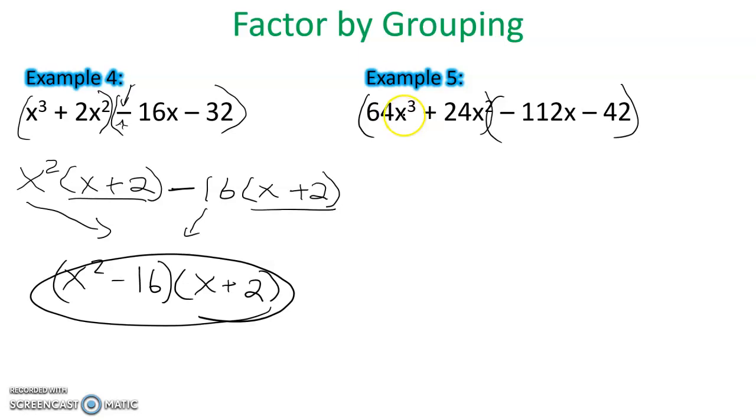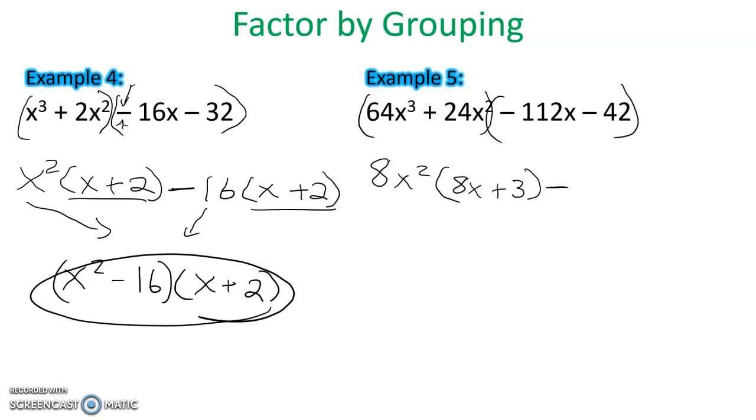I think out of this first one here, I can divide out 8x squared. 64 divided by 8 is going to be 8. Take 2 x's away from 3 x's, I'm left with x. 24 divided by 8 is going to be 3, so it's going to be plus 3. 2 x's away from 2 x's is 0, so I don't have to write any more x's out. Negative 112 minus 42. I got a negative, so my first number that I'm taking out is automatically going to be a negative number.